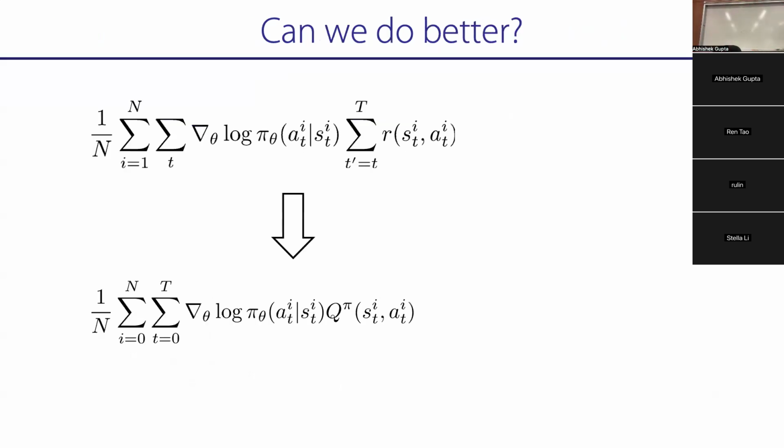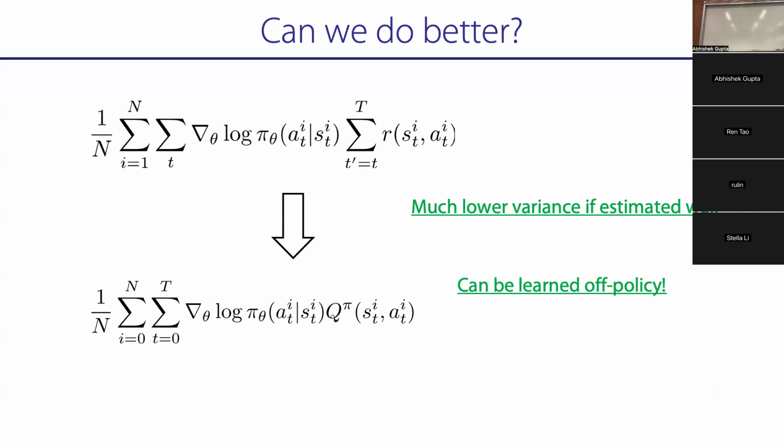Okay. So can we do better than just doing Monte Carlo regression? Because Monte Carlo regression was both on policy and high variance. So we want to be off policy and low variance. We want to find a better way to estimate Q, and we want to do it off policy.